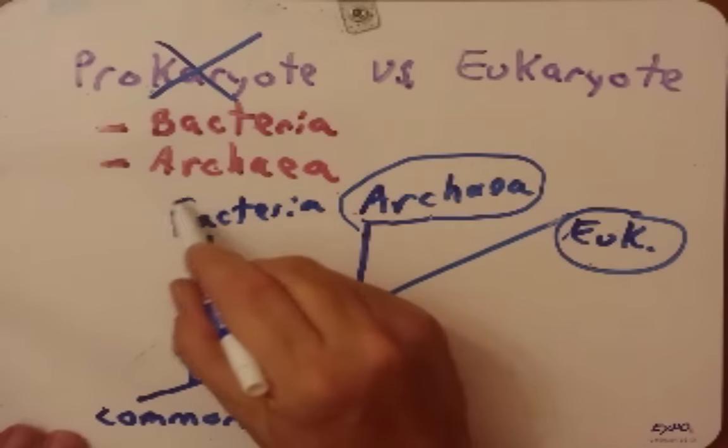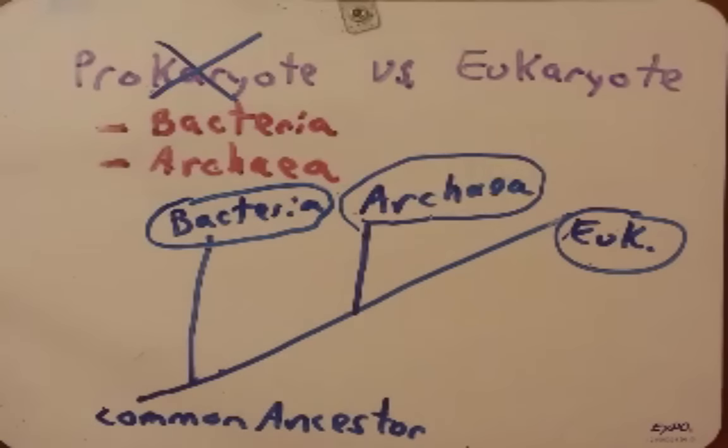So bacteria truly belong by themselves here as the most primitive, the first cell that formed. And archaea deserves to be its own separate group as well as eukaryotes.